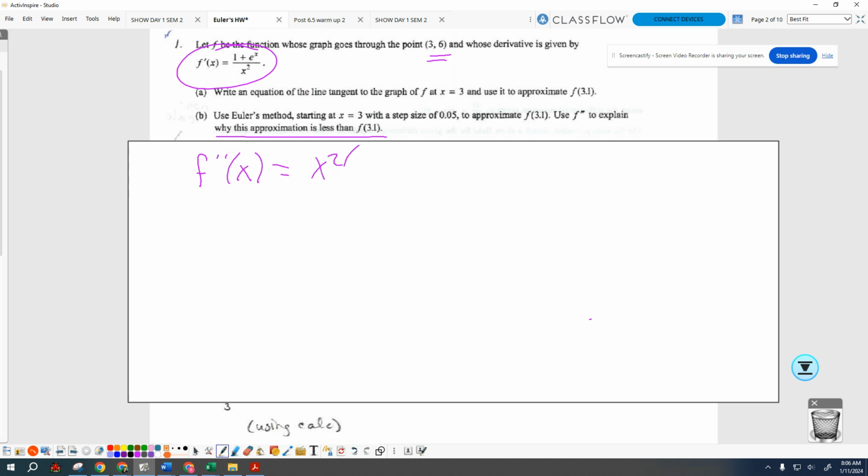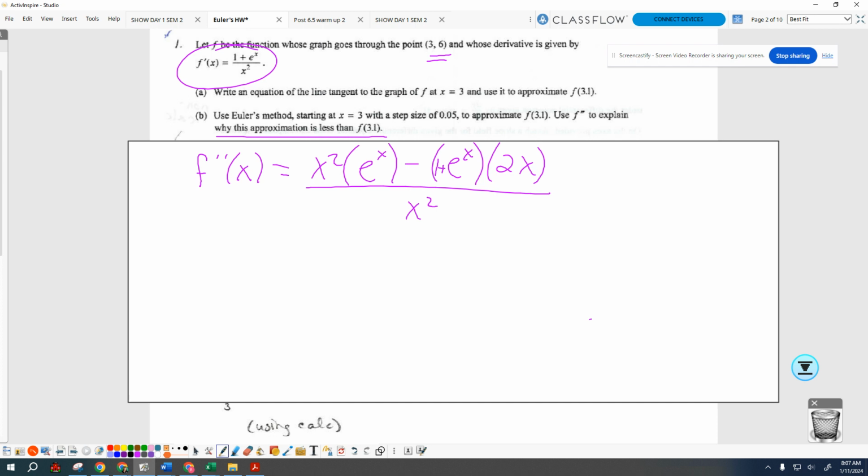Bottom times the derivative of the top. What's the derivative of 1 plus e to the x? Just e to the x. Minus e to the x times the derivative of the bottom. Wait, no, 1 plus e to the x. Top times the derivative of the bottom, yep.